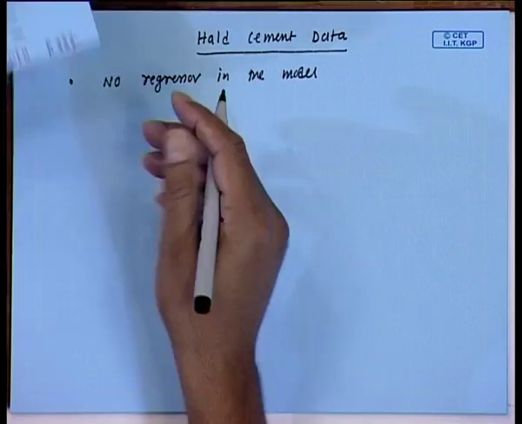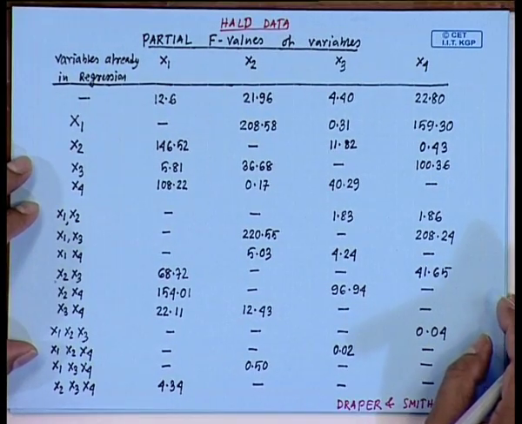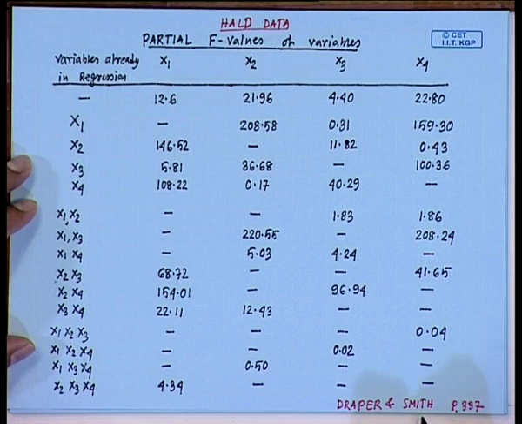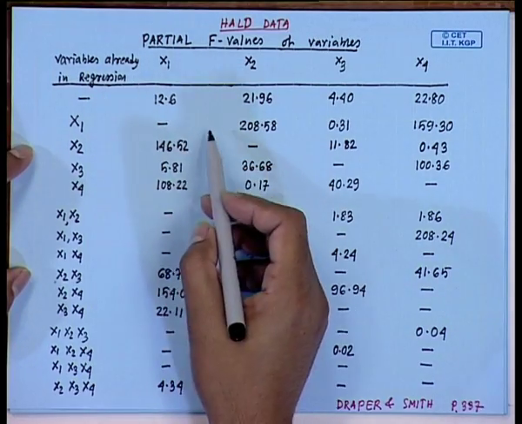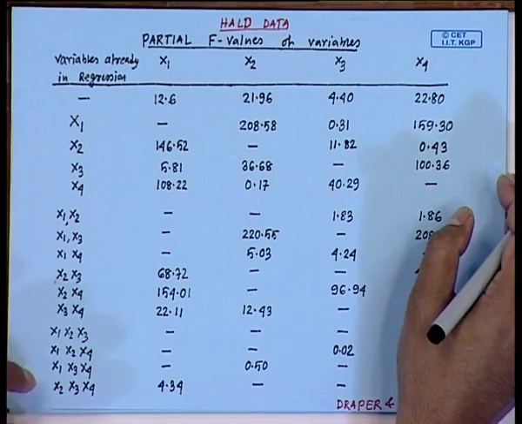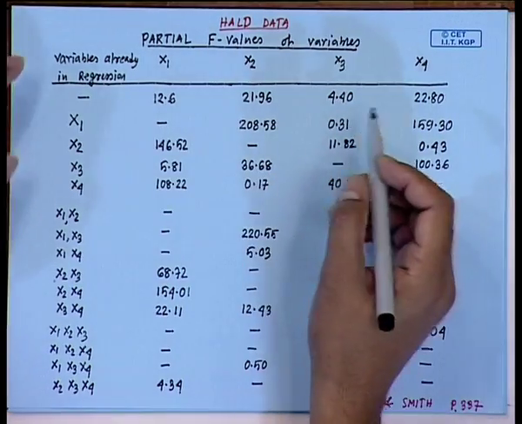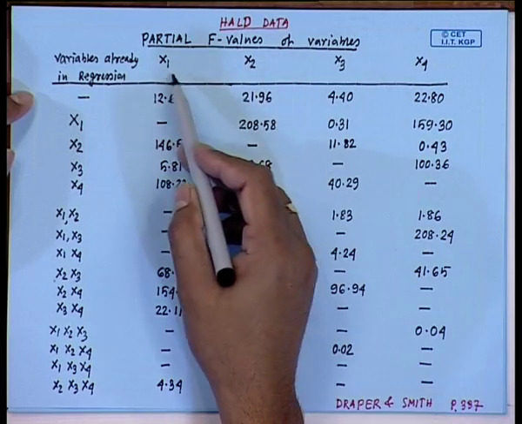Now, let me introduce one table. This is from the Draper and Smith book, page number 337. Let me explain the significance of these values. It says that the partial F values for variable x 1.